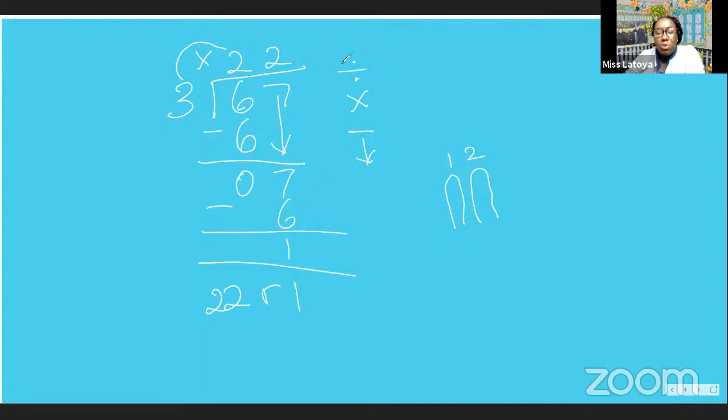Now, for those of you who are just joining me, at the beginning of the live, I looked at the different parts of a division question, a division sum. Do we remember the parts of the division question?